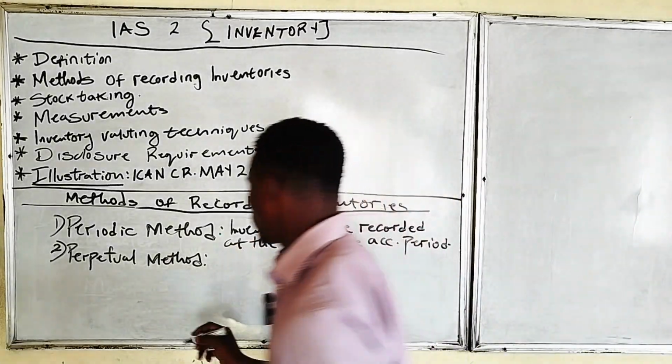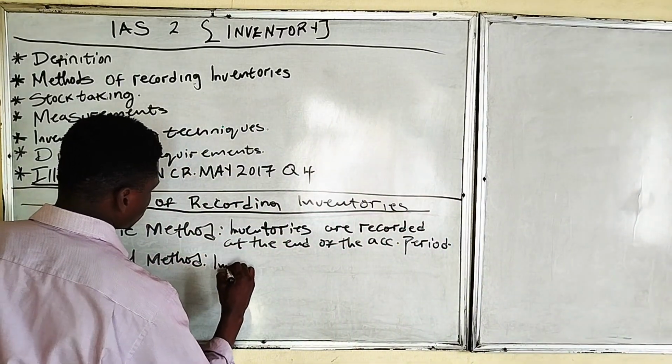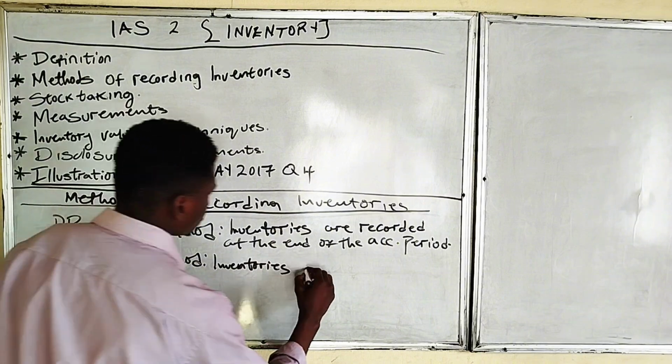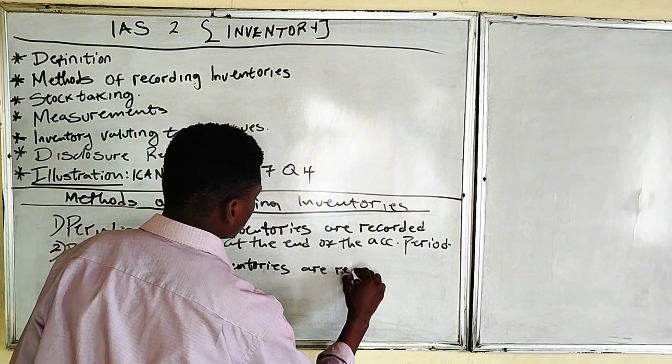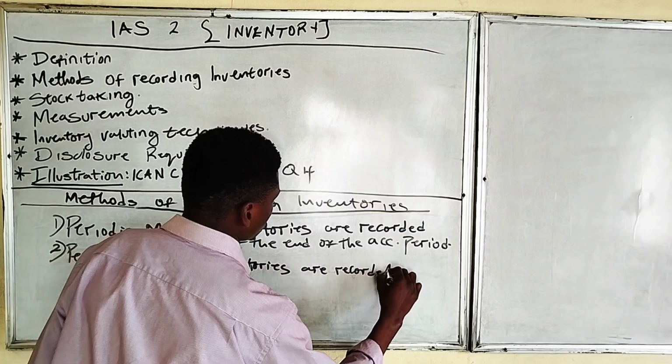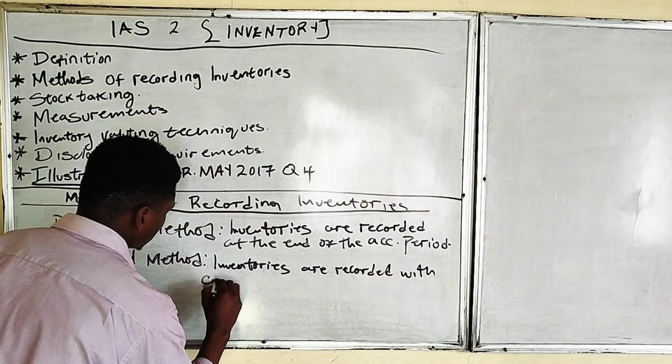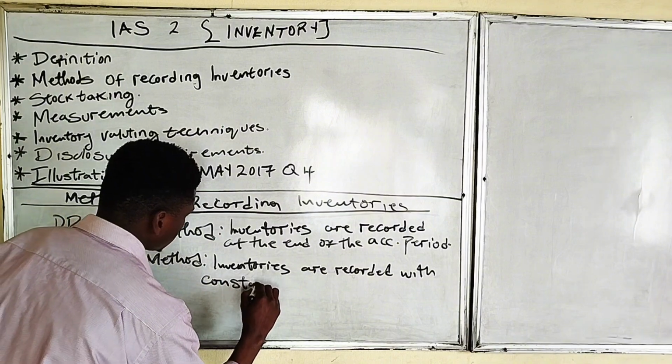So the perpetual method records inventory with constant updating.